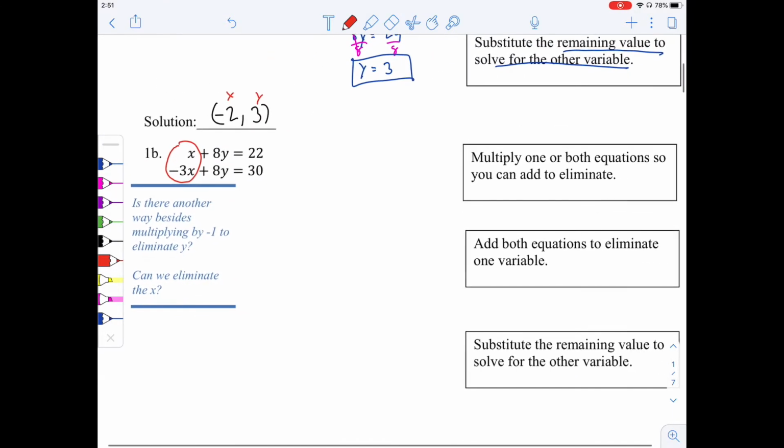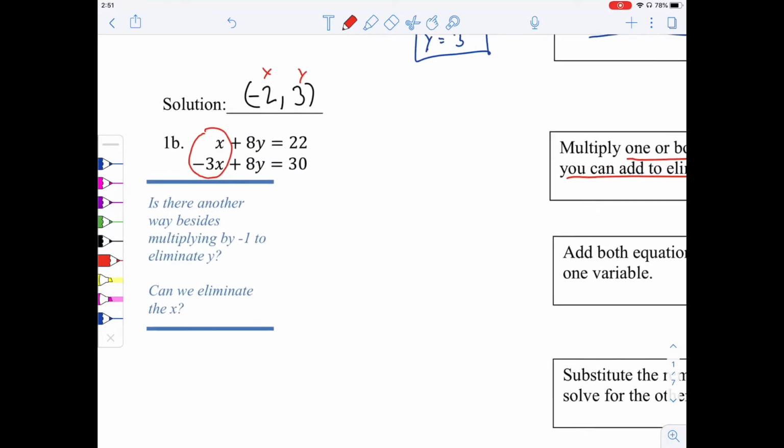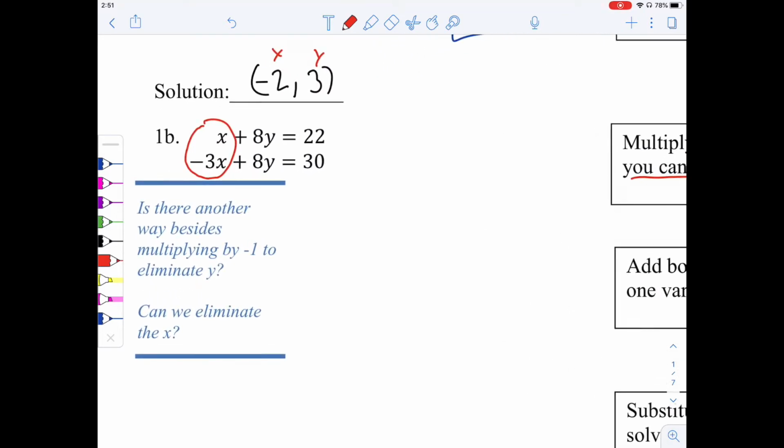We could. We could multiply one or both equations so you can add to eliminate. That's what we want to get to. We want it to be the same but opposite signs. So if we have a -3, we want the top equation to be +3, and it's a 1x. So we'd have to multiply the top equation by +3, as long as we distribute to every term.